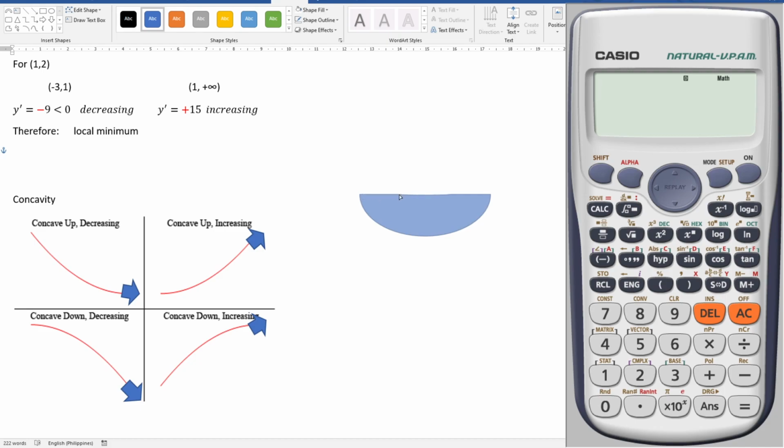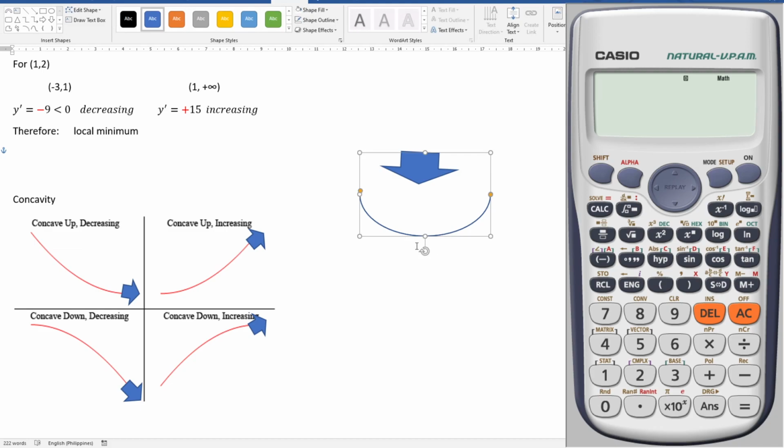This one is a convex. But if we imagine it like this and look from this side, it is concave, like a bowl.